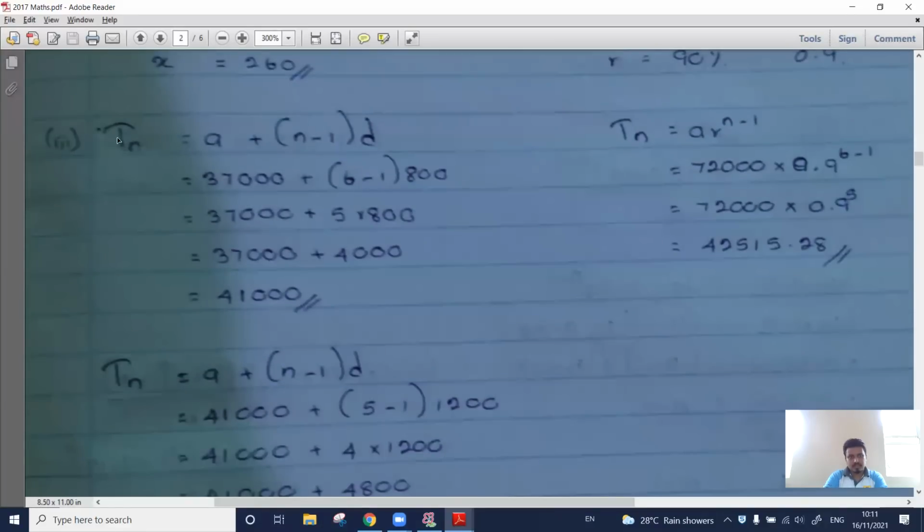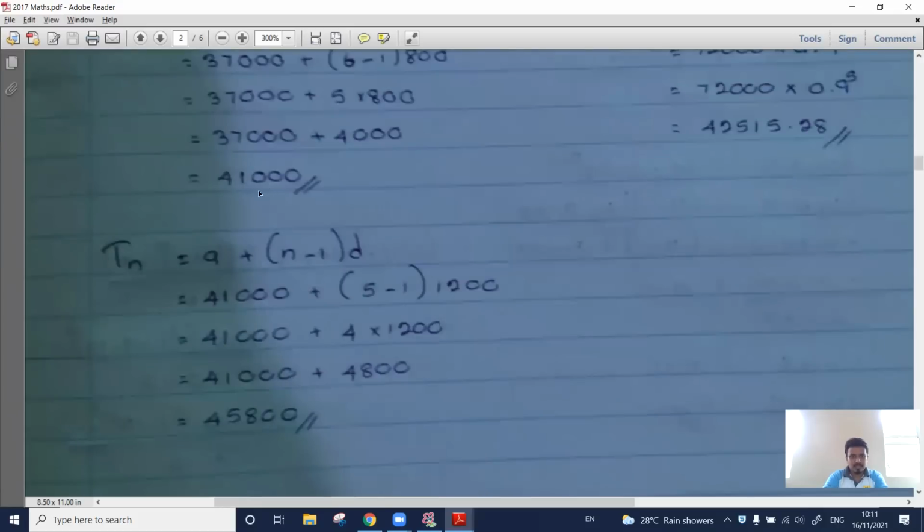See here, the student has taken the 6th term value. 6 වෙනි අවුරුද්දේ පඩියනේ මේ අරන් තියෙන්නේ. Right? 6th term value එක 41,000. And we know we need to get the T9th value. So this will become the A value, correct.